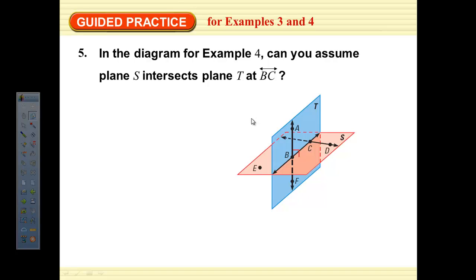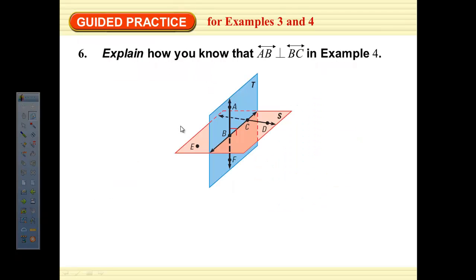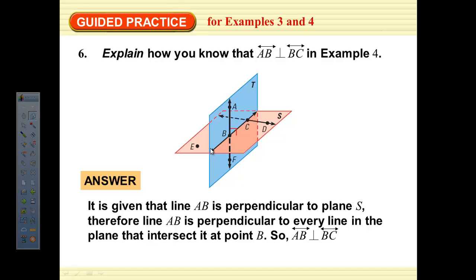And for this one, can we assume that plane S intersects plane T at line BC? Yes, we can see that the line is where the two planes intersect, so we would say yes. And finally, do we know if AB is perpendicular to BC? We have AB this way and we have BC this way, but we don't have a box that shows the relationship between the two lines. Oh, I'm sorry, I'm absolutely wrong.